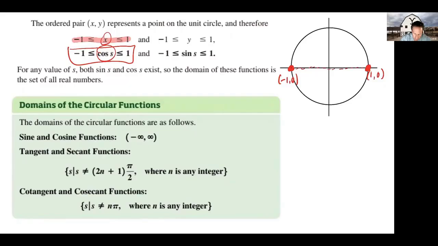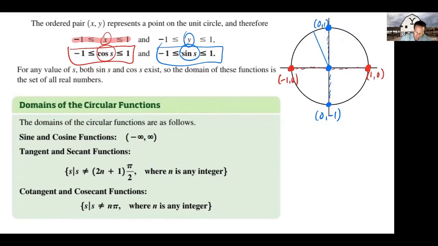And likewise, if we were to talk about the y value, which is sine, then it too would go between 1 and negative 1 and every value in between as we rotated around. You can see my y value would start at 0, get a little bit bigger, all the way until it got to 1.